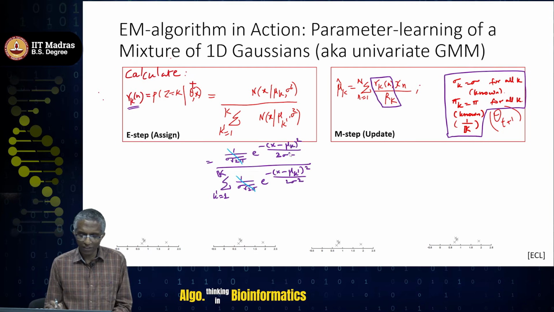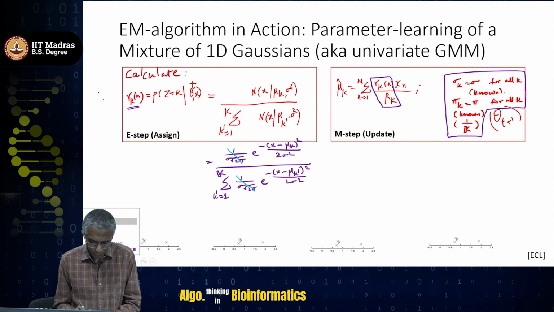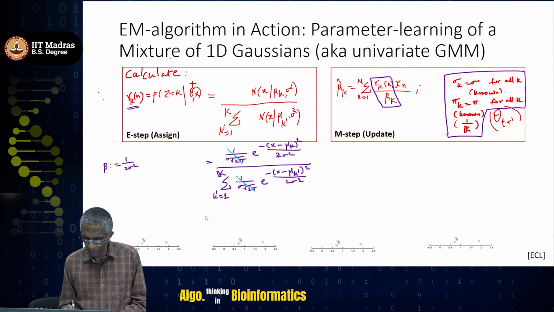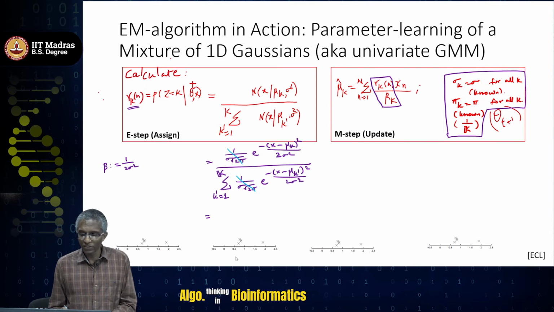Let us say that beta is defined to be 1 over 2 sigma square. Then you will see that because it is in 1D also, x minus mu k whole squared is really the squared Euclidean distance between 2 points.